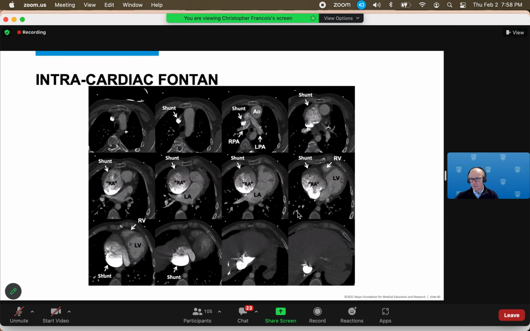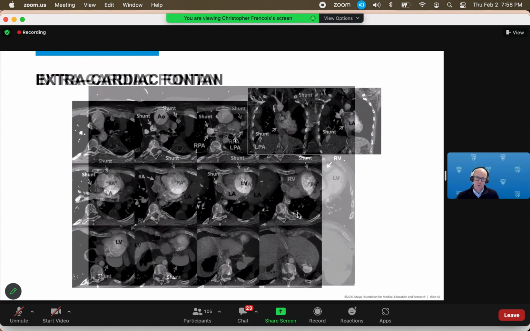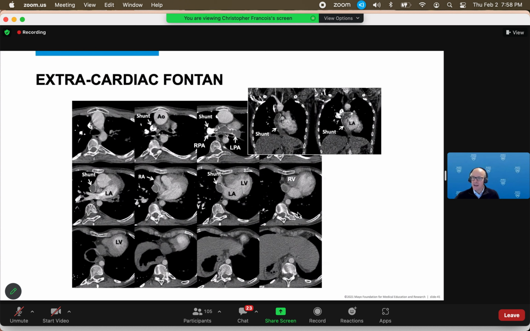Now, that doesn't work very well in the long run because the right atrium starts to dilate, and then as it dilates, the blood flow starts to slow down, and then as the blood flow slows down, it starts to thrombose. And you get what you see here, large thrombi within the right atrium. It's a very inefficient way of moving blood passively from the veins to the pulmonary arteries.